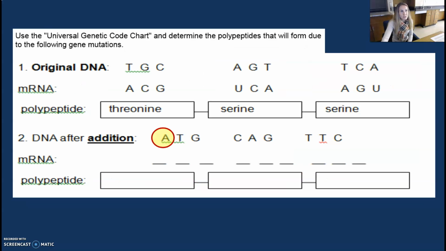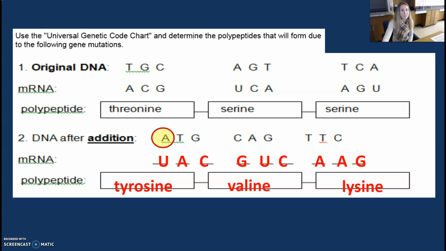The universal genetic code chart tells us what specific amino acids pair with our codons from mRNA. So let's look at an example. After addition, we have DNA after addition, and we're going to see the correct base pairing. However, the polypeptide sequence is going to change.